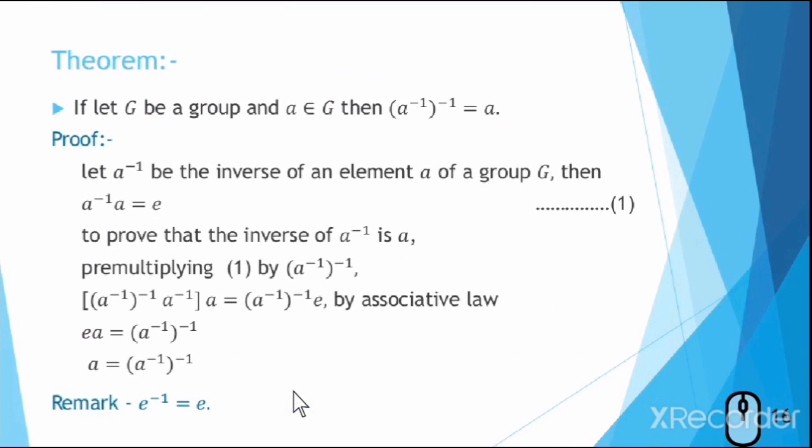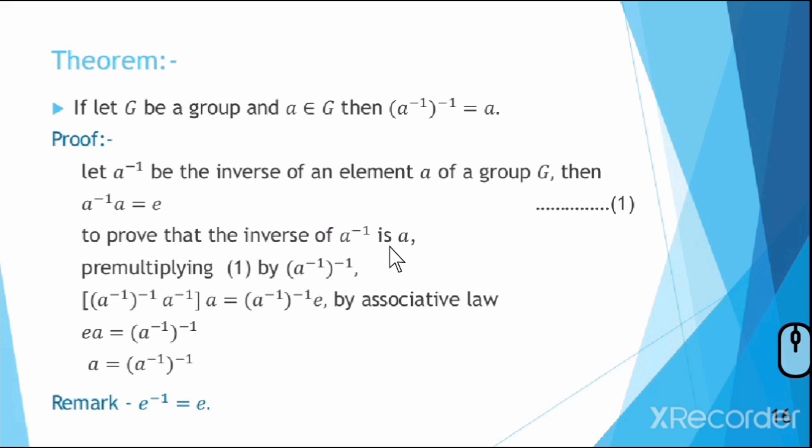It was the reverse rule. Now there is another theorem. Suppose G is a group and A belongs to G, then the inverse of A inverse is A. If you calculate the inverse of A inverse, it comes out to be A. I have provided the proof in a very easy manner. Suppose A inverse is the inverse of element A of group G, then A inverse A is the identity.